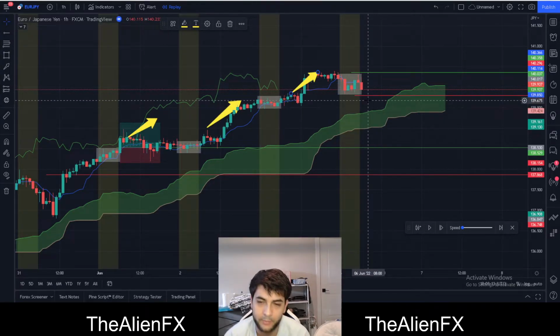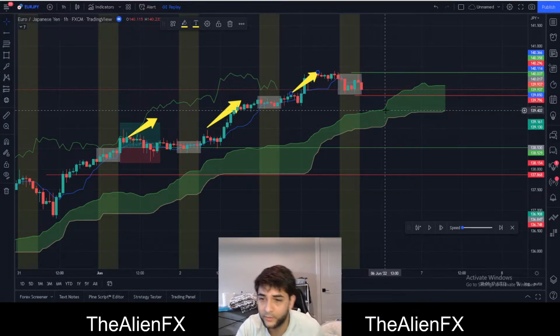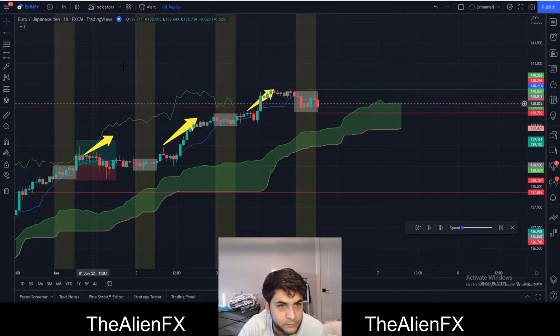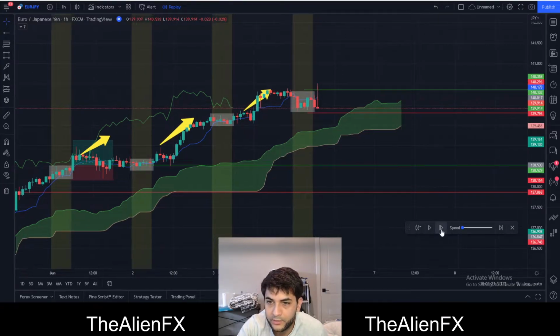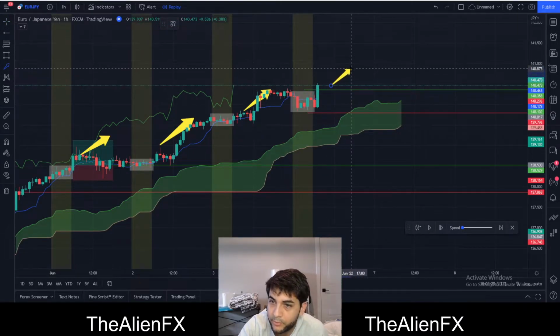If it breaks down below, I personally wouldn't take the trade if I'm trading this way. If it breaks above the Tokyo session, more or less the time it's going to go up.